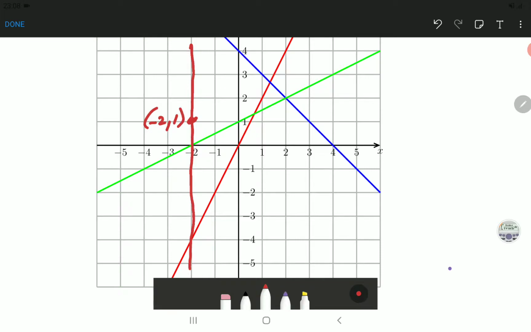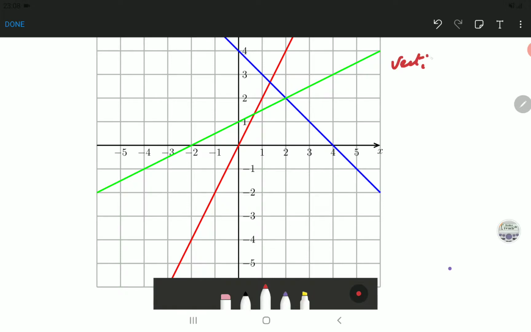And so since the x-coordinate is minus 2, this line is called x equal to minus 2. So as a general rule, all vertical straight lines are labeled x equal to some number, where that number is the x-coordinate along that vertical line.